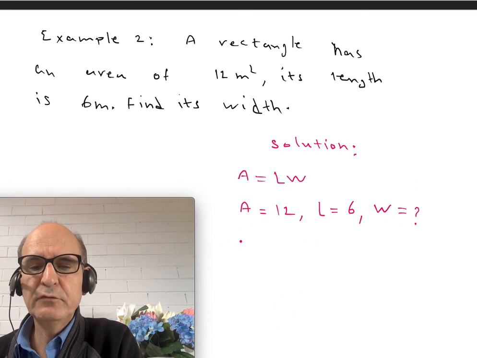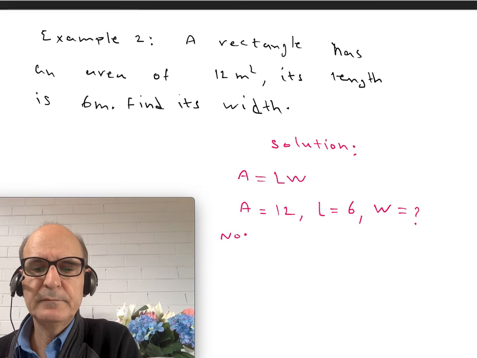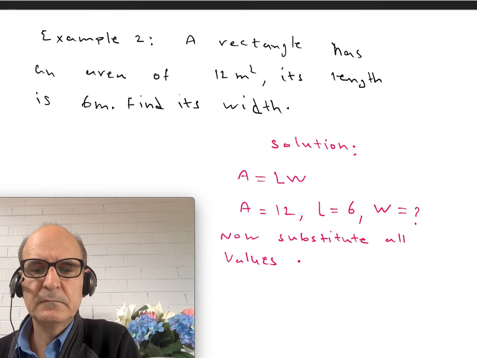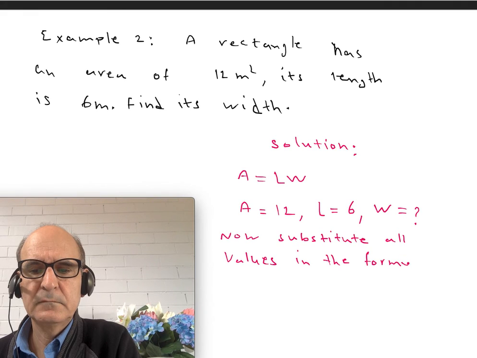Now substitute all values in the formula. Okay, A is 12, so I start with that, 12, then equal.